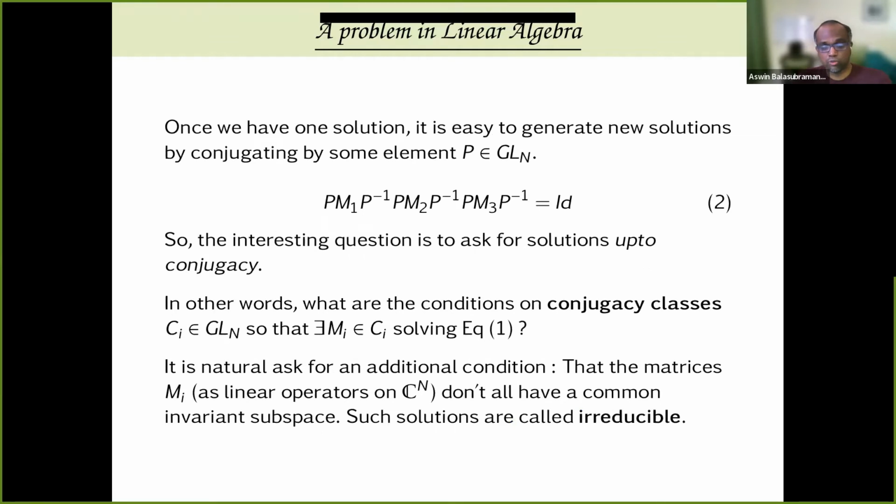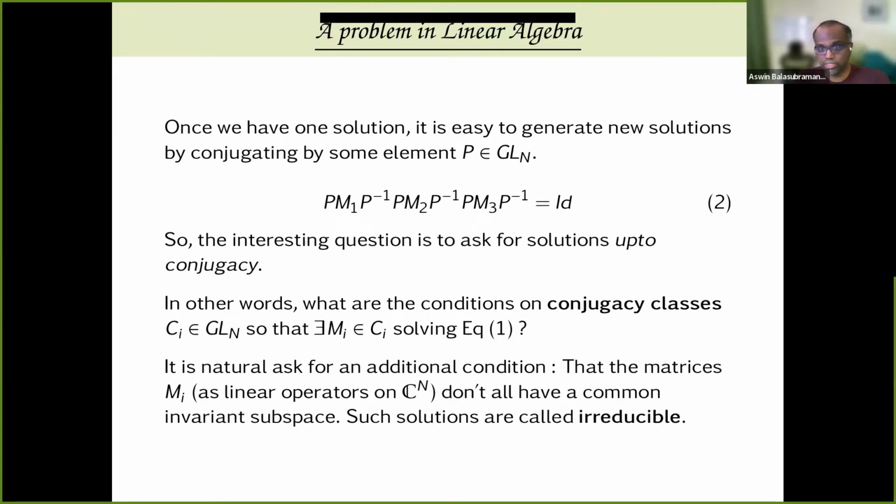What I'm talking about today belongs in a similar orbit of ideas. One important thing to immediately notice is the moment you have one solution, it's easy to generate new solutions. You just pick some arbitrary element P of GL_n and conjugate each of these matrices, call them M1 prime, M2 prime, M3 prime. You just attach P and P inverse on both sides. You can see that this also gives a new solution.